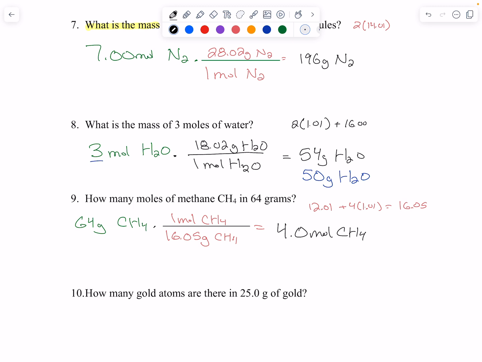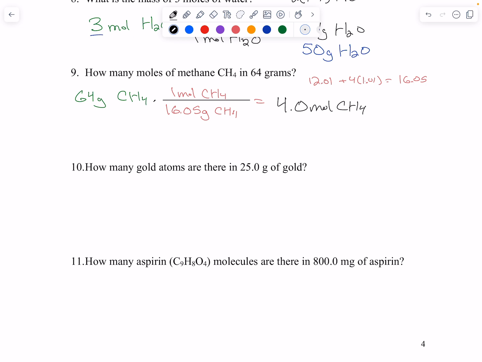All right, atoms. Number 10. We have 25 grams of gold, 25.0 grams Au. All right, so our amount is the same, but our question is how many gold atoms? Atoms. All right, so now we know that the molar mass of gold, 196.97 grams of Au, is 1 mole of Au.